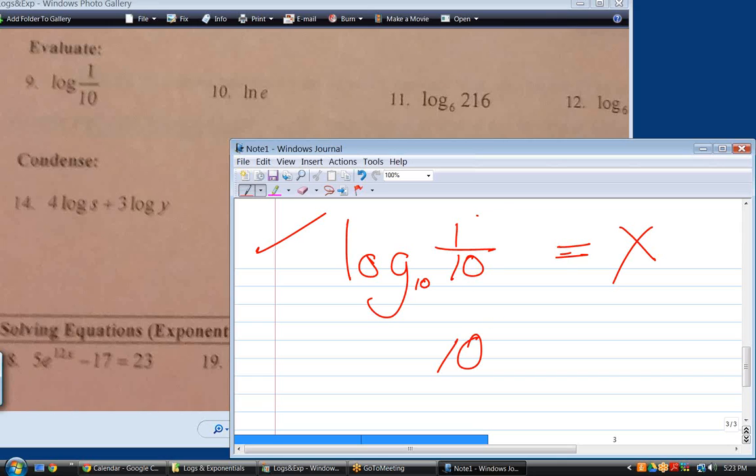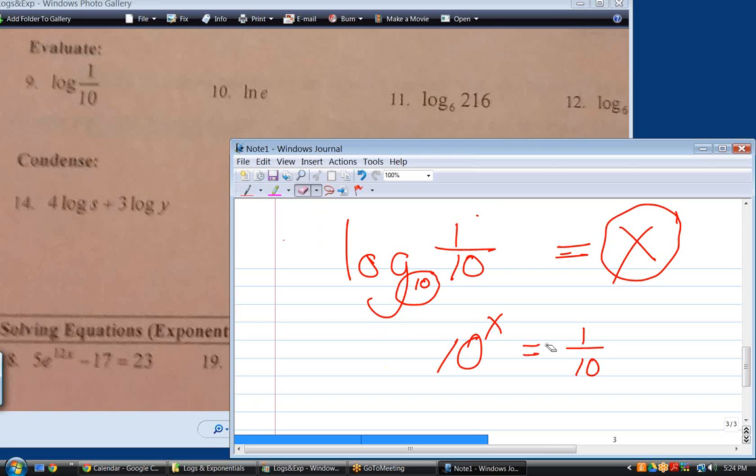X. Yeah. That's what I say. When I do it, I take the number on the far left raised to the power of the number on the far right equals what's in the middle. 1/10. Fine. So now we can solve this.